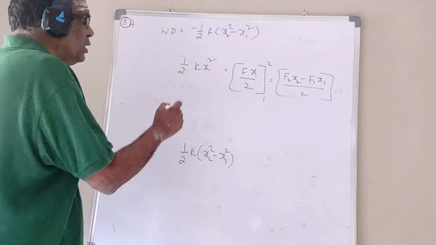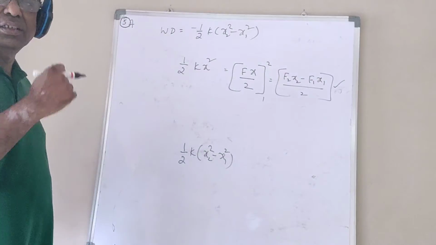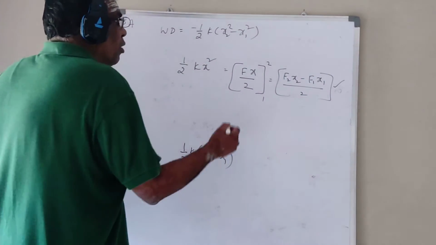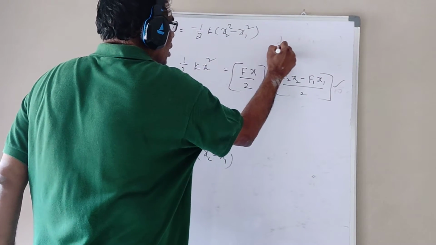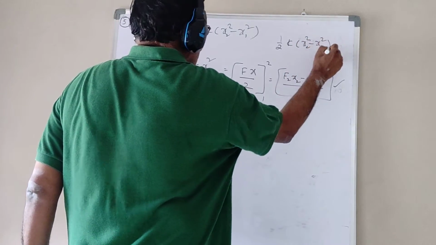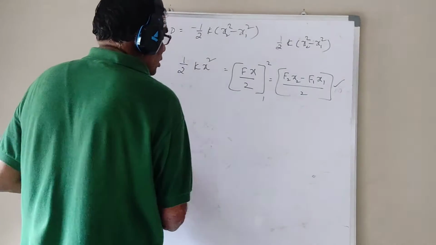Okay? This is another way to give work done or the potential energy expression in the case of spring. One, of course, is this, or k into x2 square minus x1 square. Fine.